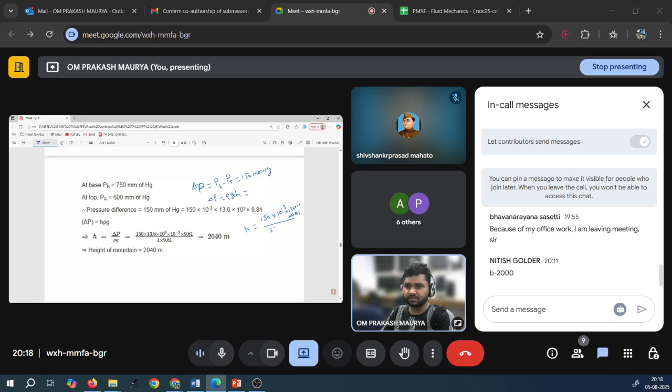The rho of the air is given, not water, rho of the air is 1 and g is 9.81. So after calculation you will get 2040 meter.